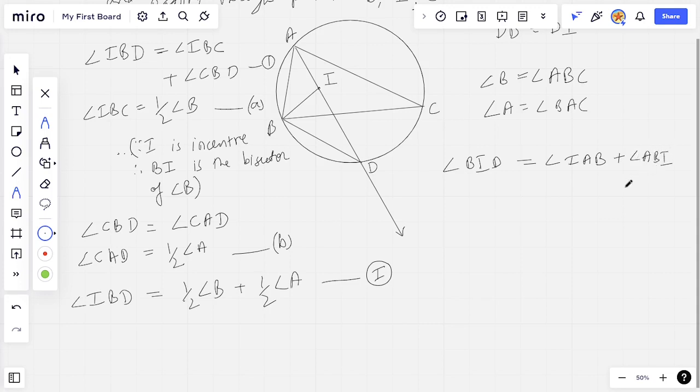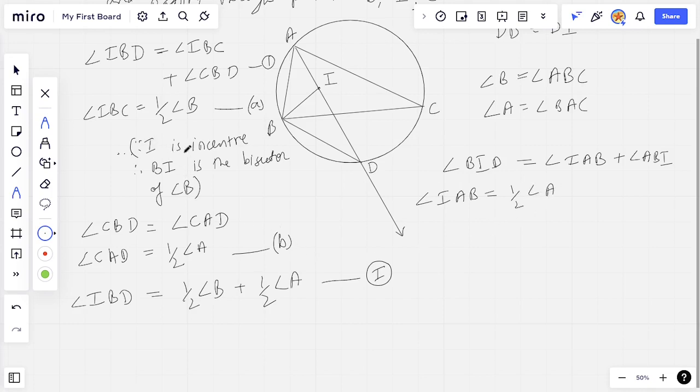This comes from the property of an external angle of a triangle. Further, we notice that angle IAB is half angle A.